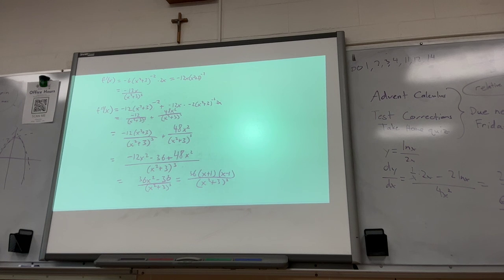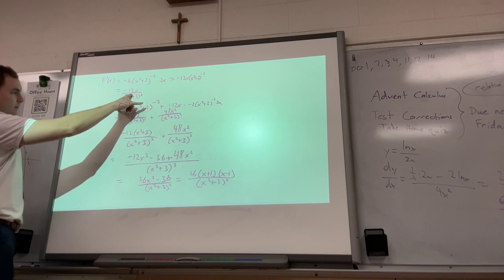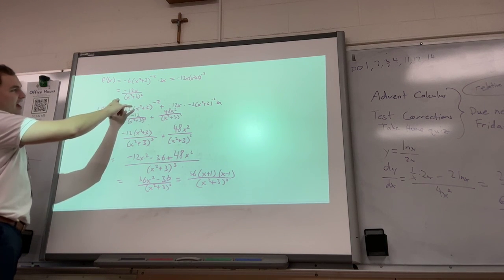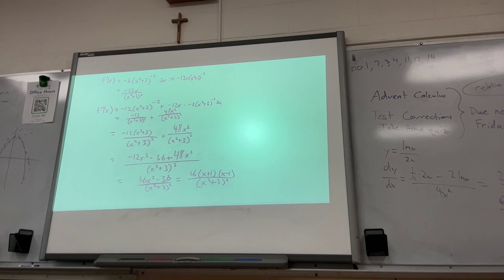How does that turn into the product rule? I rewrote it as this. I'm sorry, I totally skipped that step. I rewrote this as, okay, sorry. I kind of did it my own way.